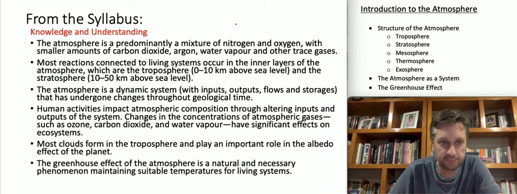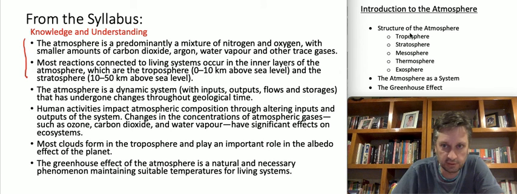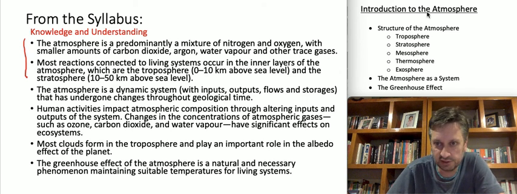Okay, so I don't know if it's obvious, but the reason why I changed the layout from the way the IB originally published these points, although I've not changed the content, is because if we look at these points separately, I would suggest the first 2 points here relate to the structure of the atmosphere. And we can think of the atmosphere as having these layers that you can see here.